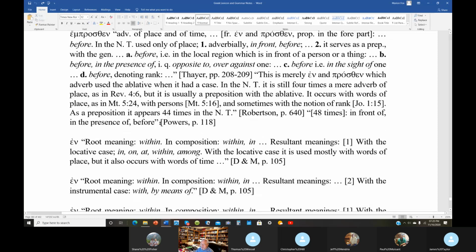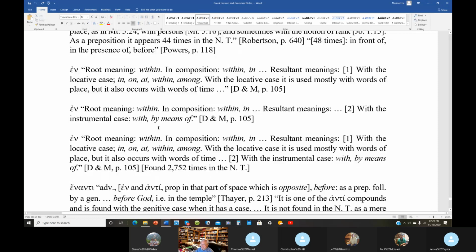Now this one is used with different cases, but Thayer will only say 1, because he'll use the dative case. It can be with the locative case or the instrumental case. Okay, it's used with 2 cases.